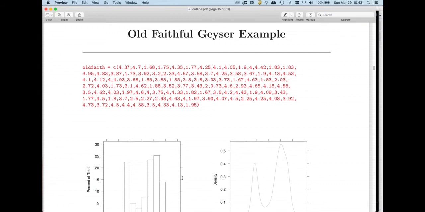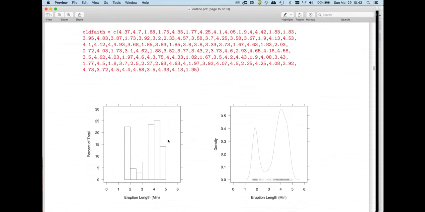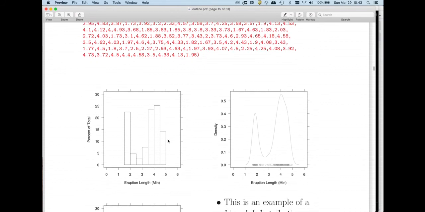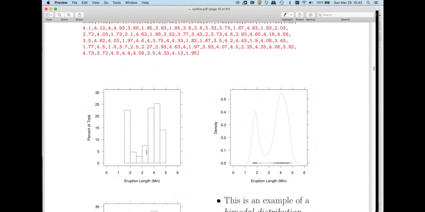So in this case, my unit of analysis is an eruption. And I'm measuring how long this eruption was in minutes. And so this is a histogram of the eruption length. And so when we look at this, we see two modes.